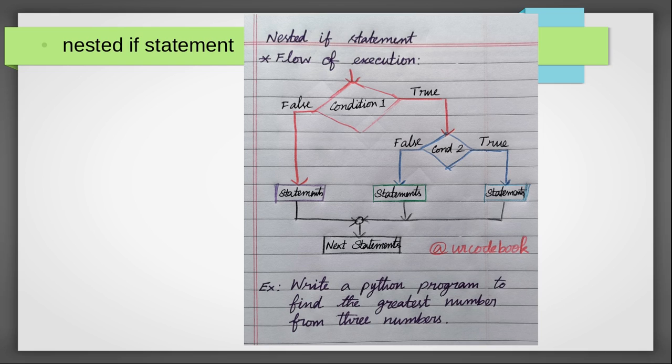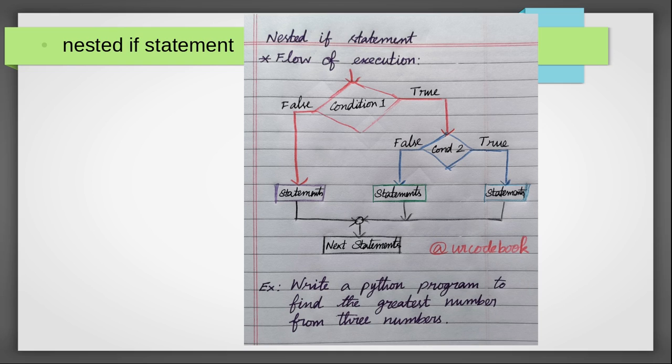If condition 2 evaluates to true, the particular block of statements is executed, otherwise the false block of statements is executed. If condition 1 evaluates to false, the control goes to the false block of statements. After that, finally the control goes to the next statement. So this is the flow of execution of the nested if statement.